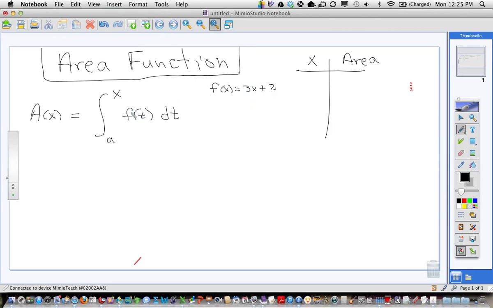But I want to use x here because the function I'm really talking about is the area function. So I want x to be my input for the area function, so that x has to be there. That means in here I have to use something else. So this little f would be 3t plus 2. I could put little f of t here, or I could erase that and put 3t plus 2 in there, the same thing.